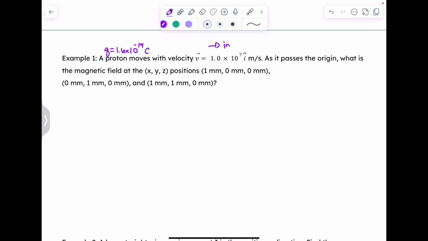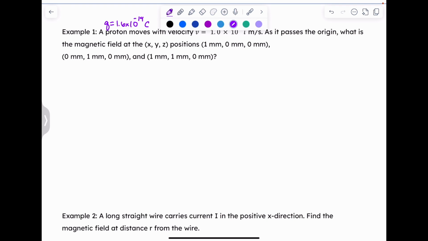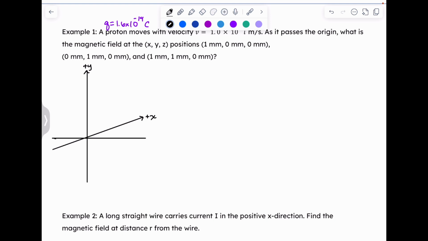And this is in the x direction. So the first thing I'm going to do is draw this out and define a coordinate system. I'm going to call up positive y, put positive x back, and positive z here.